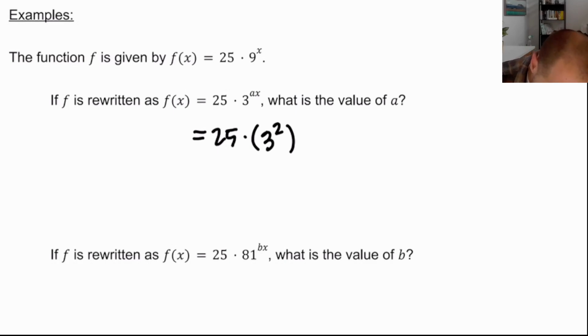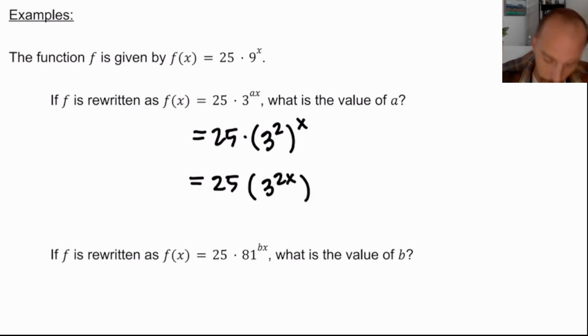And so it was 25 times 9 to the x. And then I'm going to apply that exponent property forwards and say, well, that's 3 to the 2 times x, right? We're going to multiply the exponents when we're taking a power of a power. And so, yeah, I was looking for the multiplier on x in the exponent of 3, and that was 2. So I'm going to say a equals 2.